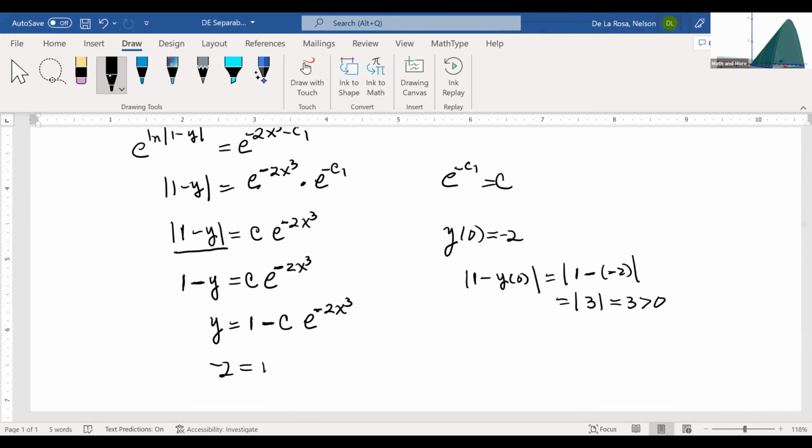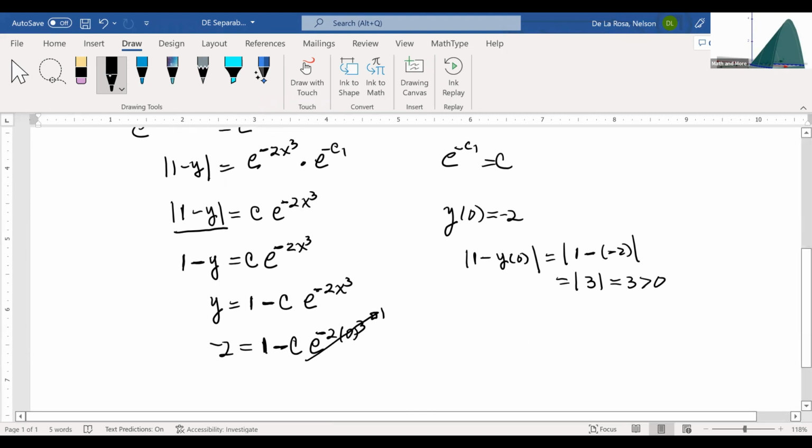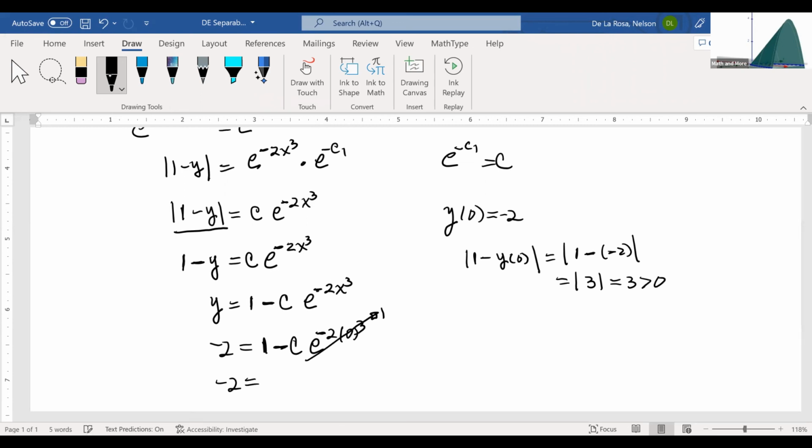We have negative 2 equals 1 minus c e to the negative 2 times 0 to the third. So this quantity is equal to 1. So we have negative 2 equals 1 minus c. So c is going to take the value of 1 plus 2, and that is 3.